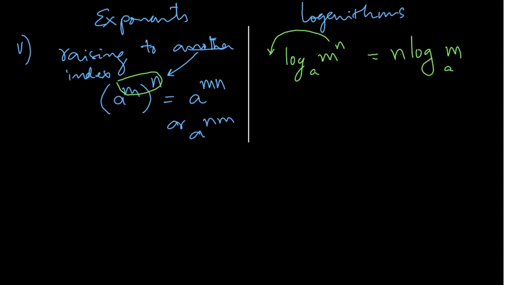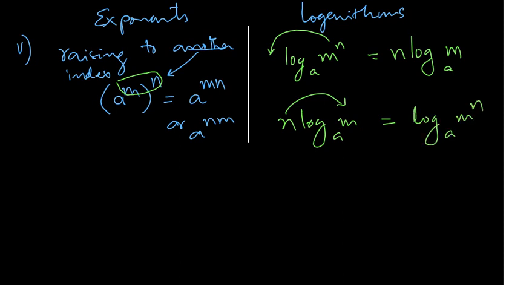So all these are two-way streets, meaning if I have n log m, for example, then you can take it to the top. These are reversible, meaning you can come this way or the other way around. Okay, these rules are actually bidirectional.